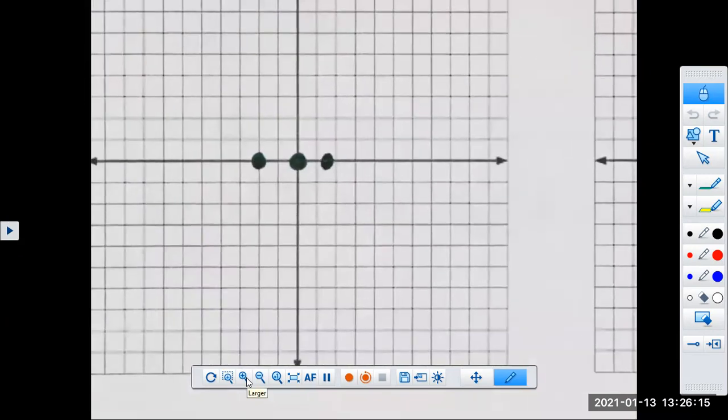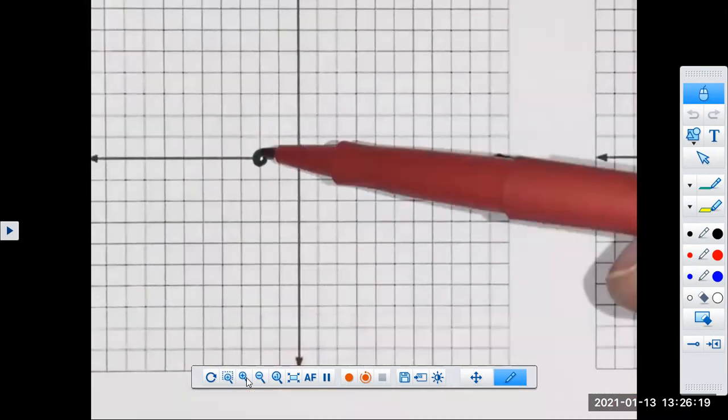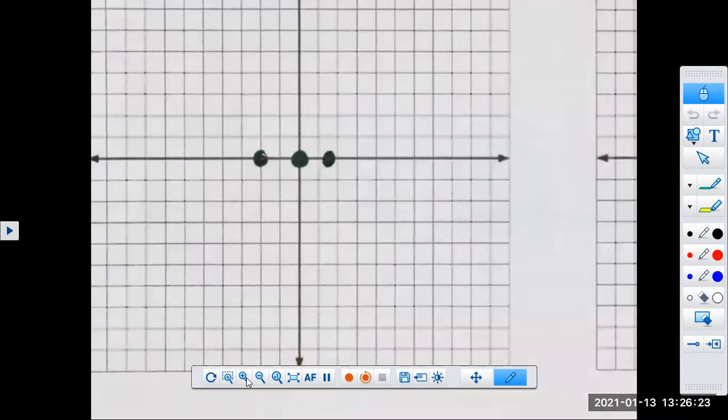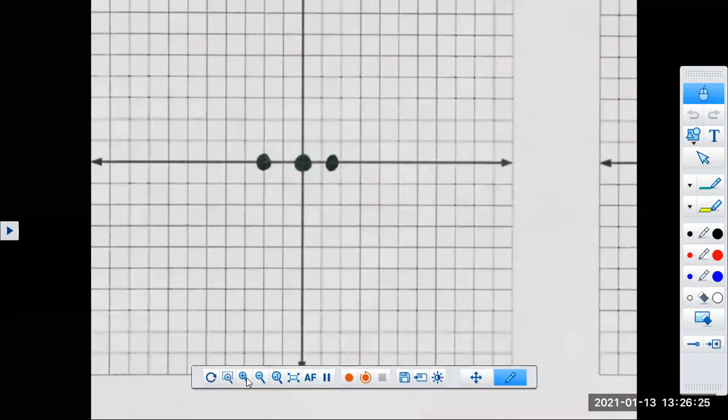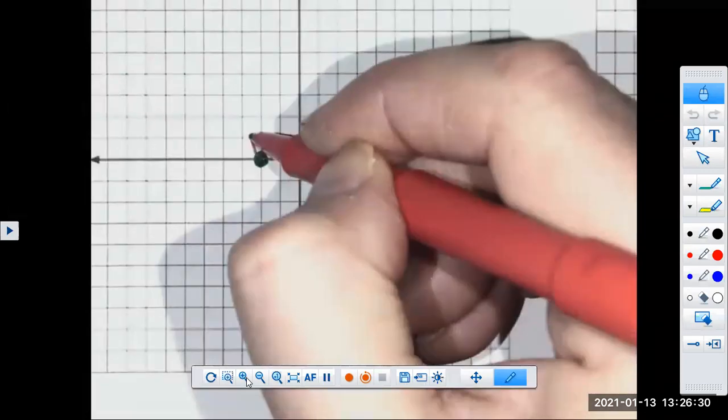Start at your farthest left point. What was the end behavior? What should the graph be doing from this point? Should it be going up from this point or down? Should be going up.